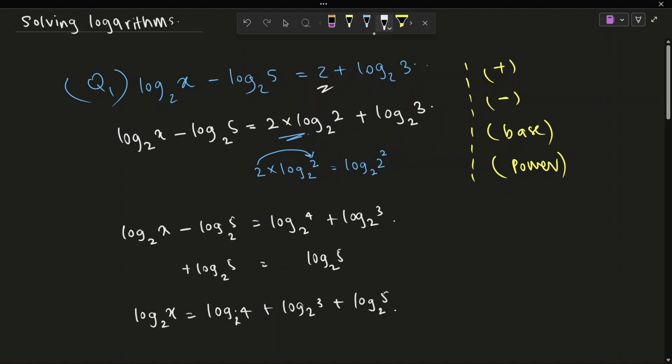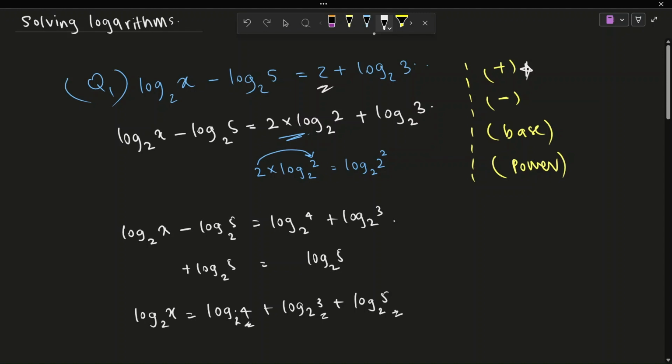Moving on, we have all additions on the right hand side. Now if you look to your rules, you notice that we can use our addition rule. That means that all of the numbers in these logarithms are going to get multiplied to give us a different kind of logarithmic notation.